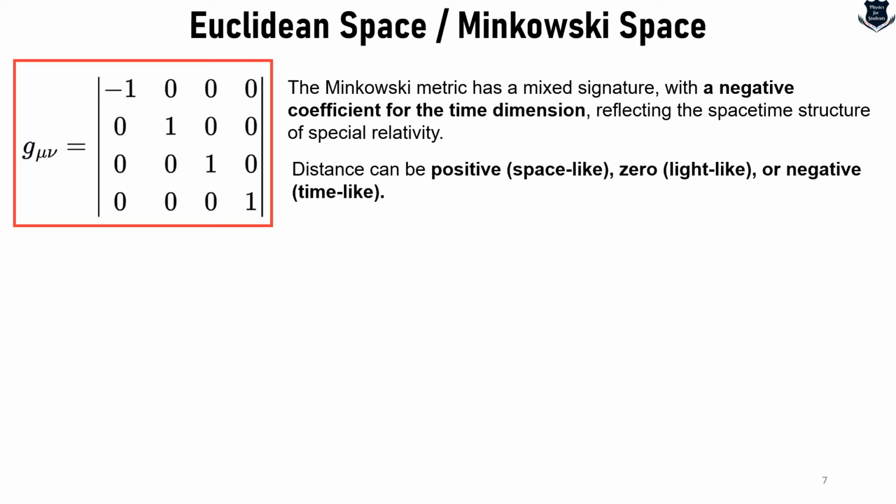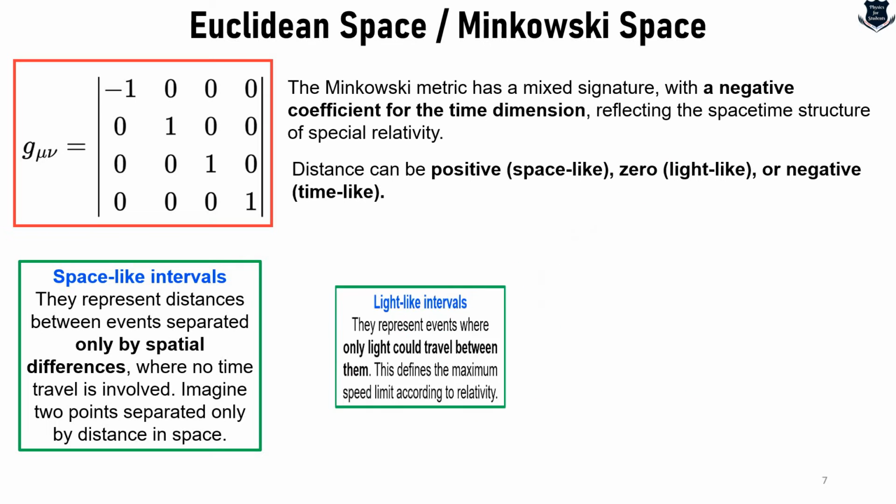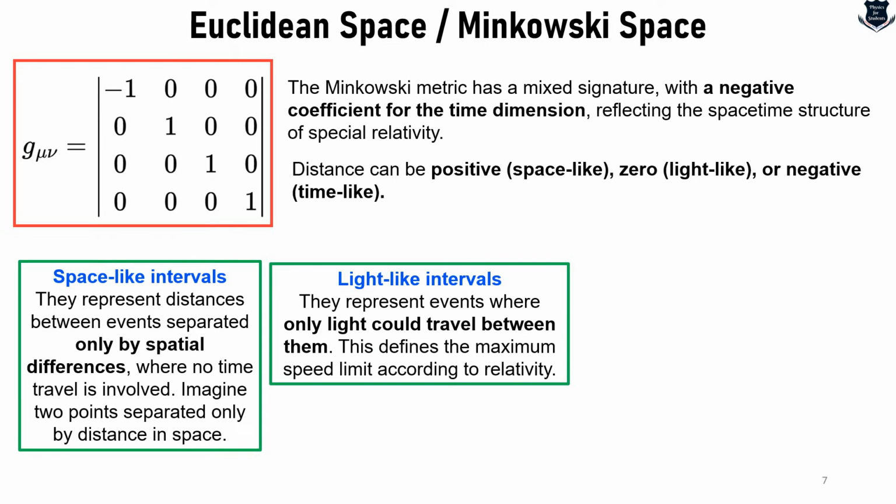Now hold on, I will just explain in a few words what I mean by space-like, light-like and time-like. In simple words, space-like means they represent distances between events separated only by spatial differences. That means there is no time, right? You can imagine 2 points which are just separated by distance. That is called space-like. What is light-like? They represent events where only light could travel between them.